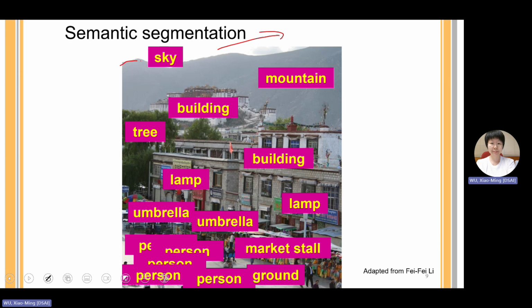For example, the pixels within this region are grouped into a class called sky. Similarly, the pixels within this region are assigned to the mountain class.